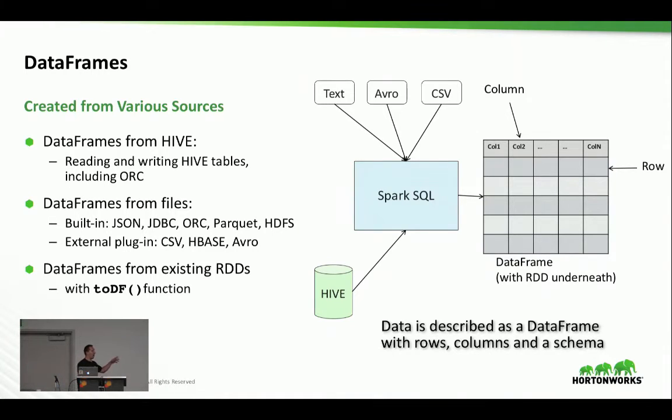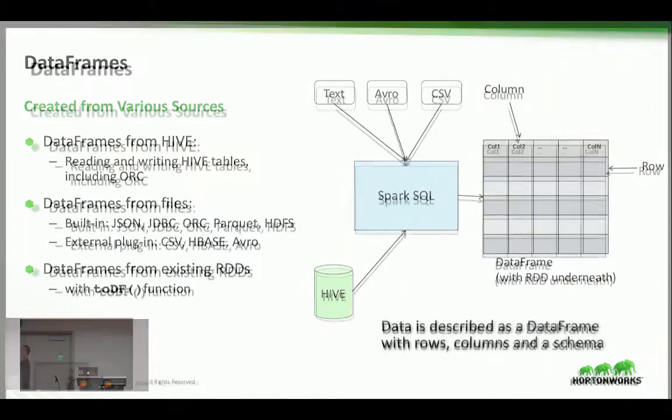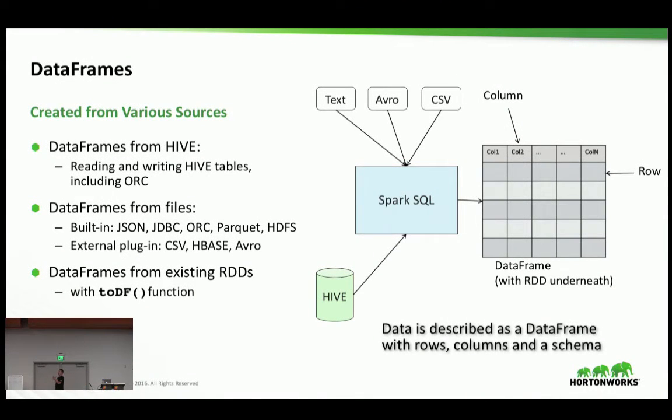And if you know what RDDs are and you have some code in RDD, but you've specified a schema and would like to convert it to a data frame, all you do is call the RDD toDF function, and that will create a data frame that you can then manipulate and do some interesting processing at a higher level.